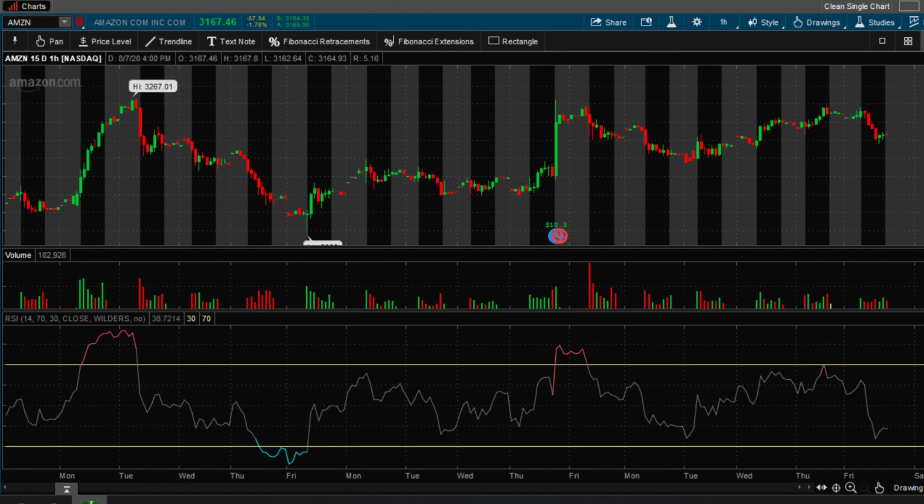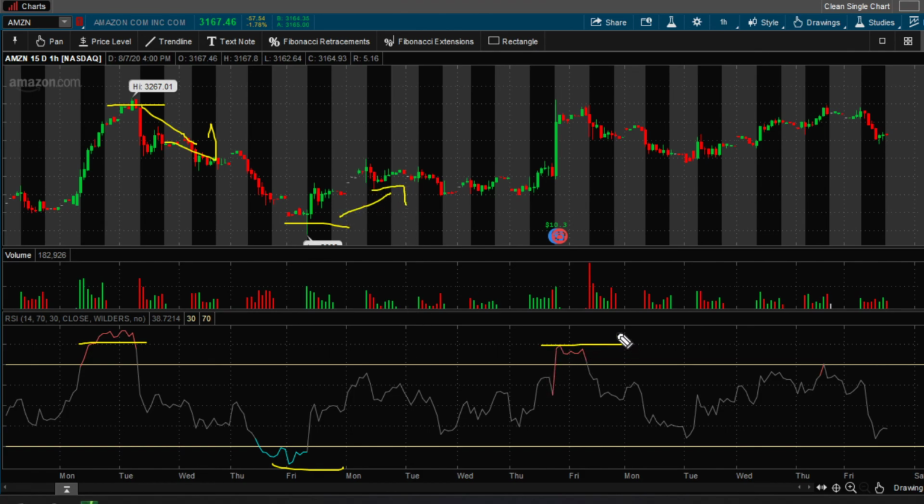As you see also, it's on the overbought, you got a drop, oversold, oversold, and it starts moving higher.